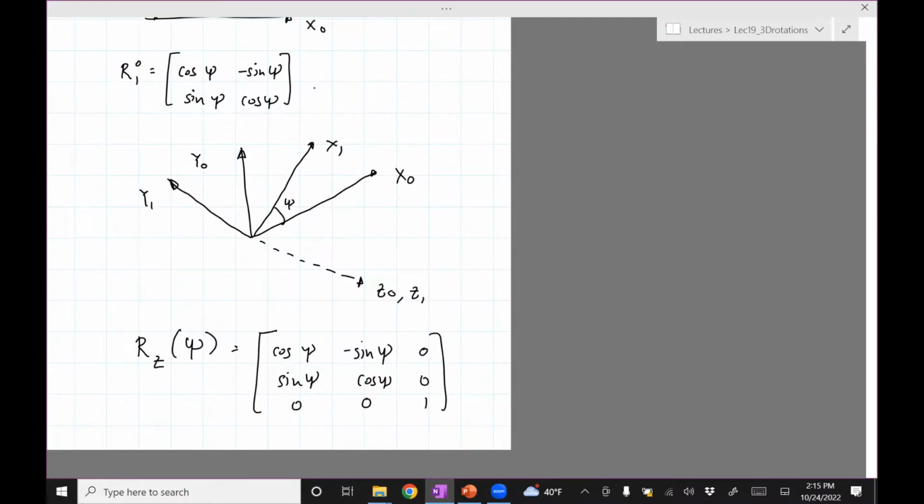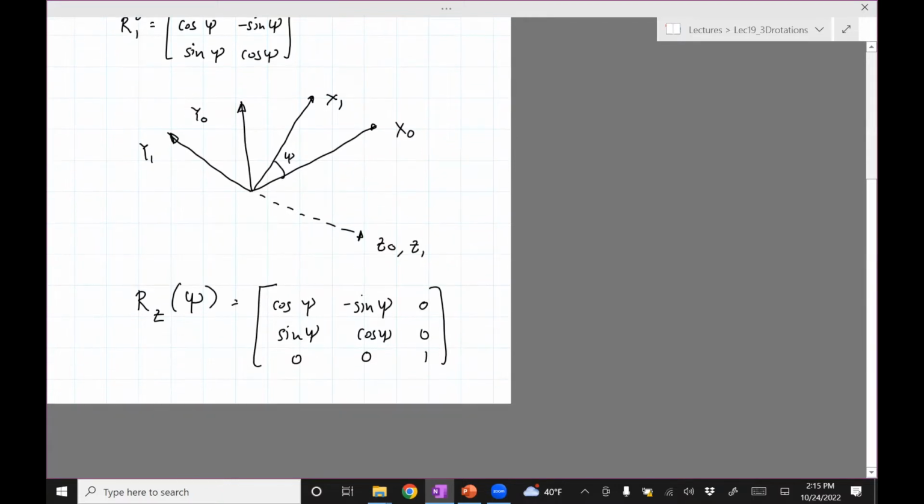That 0, 0, 1 indicates that when this rotation matrix is multiplied by a vector on the z-axis, there is no change. So the z vector will not change, which is what we expect. The rotation about the z-axis only moves points in the xy plane, and the z points are unaffected.